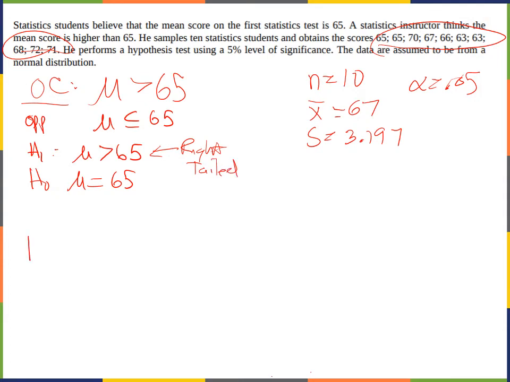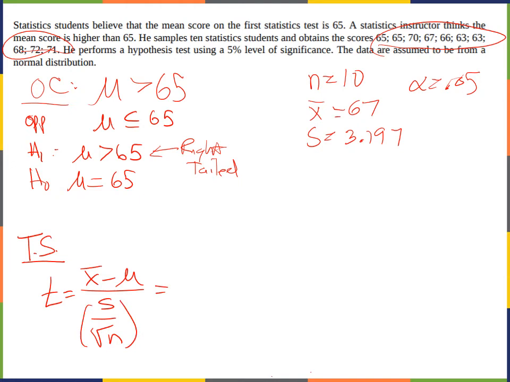Next, we need the test statistic. The test statistic is going to be a t-score. We use x bar minus the mean over s over the square root of n to do that. In this case, x bar was 67. The mean from the population, we'll use the claim value of 65.